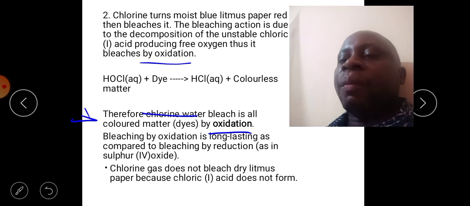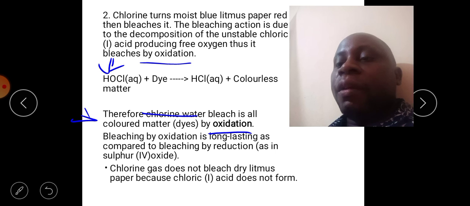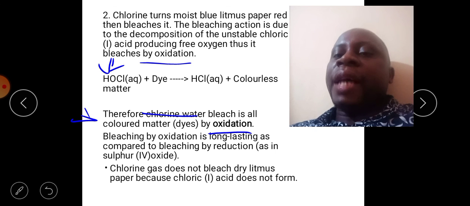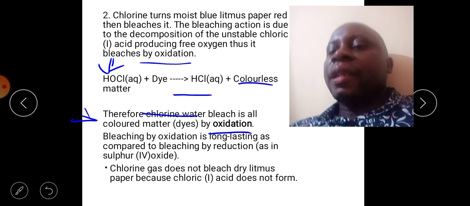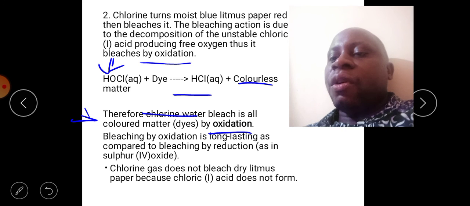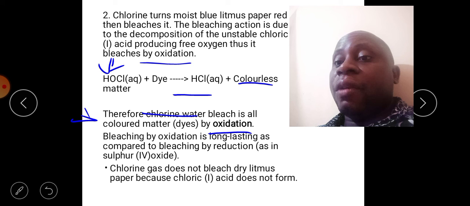This is because of the presence of that oxygen atom in that chloric 1 acid, which will actually combine with the dye, hence forming hydrochloric acid and the colorless material.